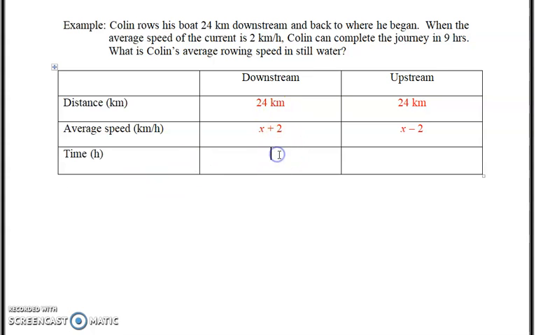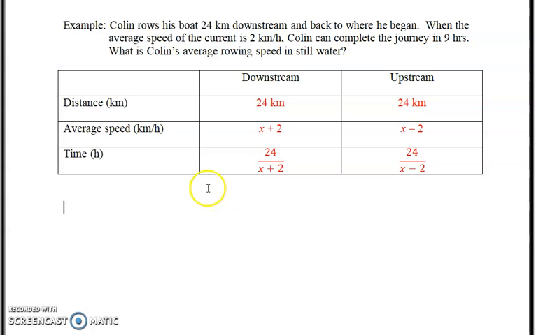Essentially what we're doing is making a rational expression here. So it's going to be 24, we'll drop the units, over x plus 2, and over here we're going to have the same expression, only it's going to be x minus 2. And it takes 9 hours because we want to put it in time.